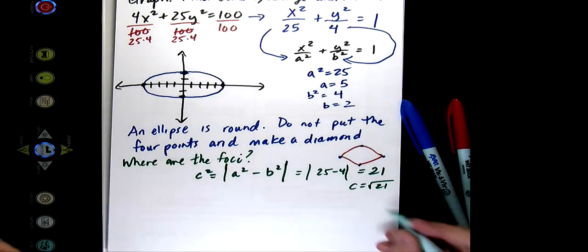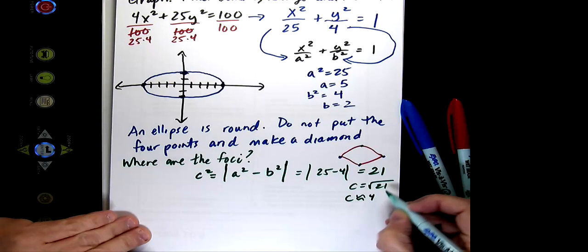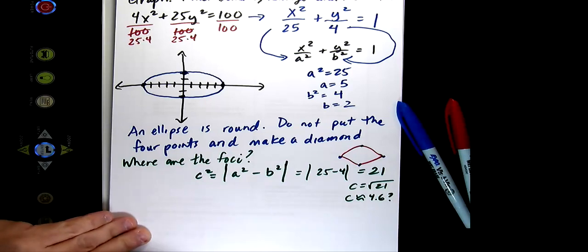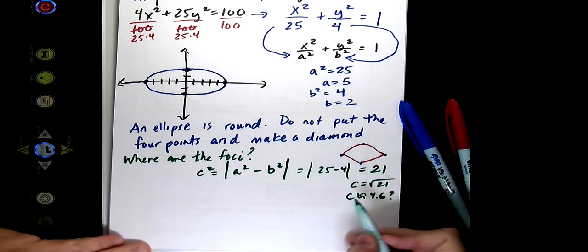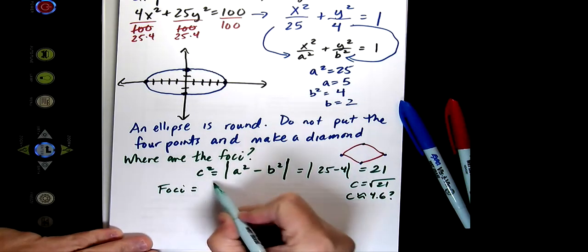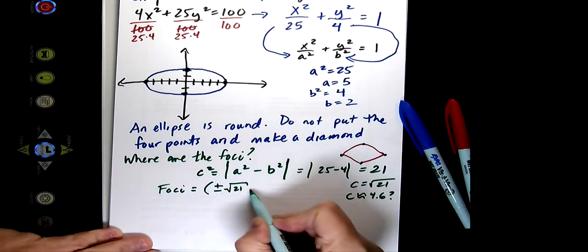Which is approximately, I don't know, 4.6 maybe. If I were to actually say it, I would say here, the foci are at plus or minus the square root of 21 comma 0.